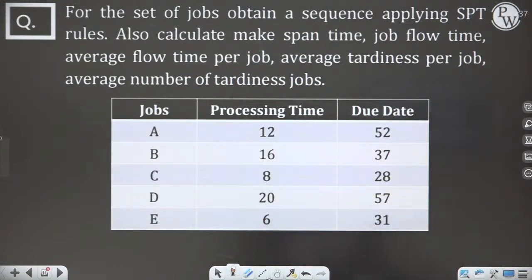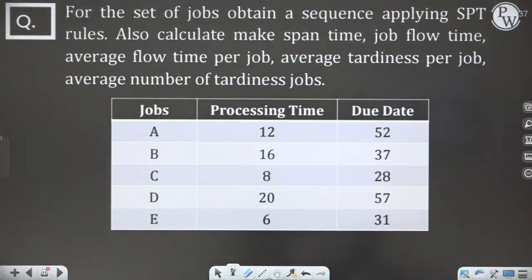Please note down this table. Please note down. And then let me know when you have completed noting.